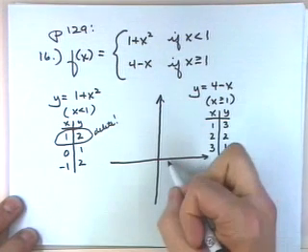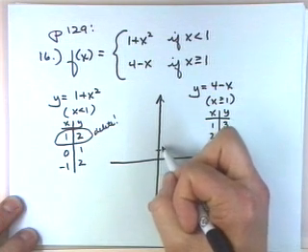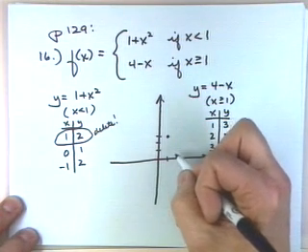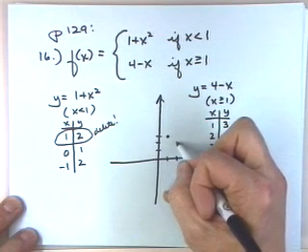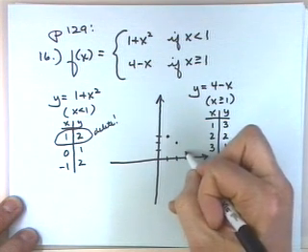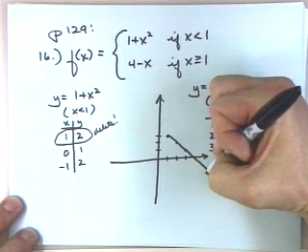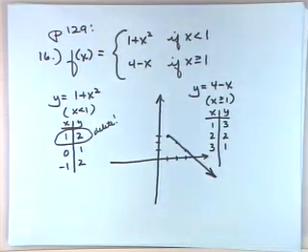Let's do this one. That's the line that begins at (1, 3) and continues out to the right. So that's linear, and the endpoint is included.